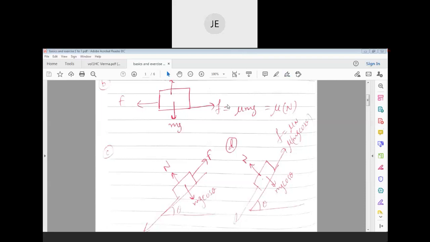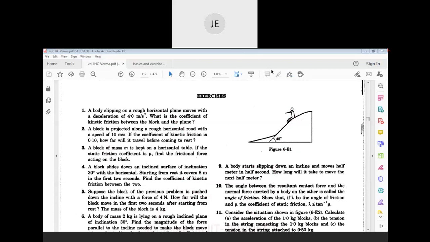A body is slipping on a rough horizontal plane with a deceleration of 4 meter per second square. What is the coefficient of kinetic friction between the block and the plane? You just use a is equal to mu g. Like net force Ma is equal to mu mg, m gets cancelled.